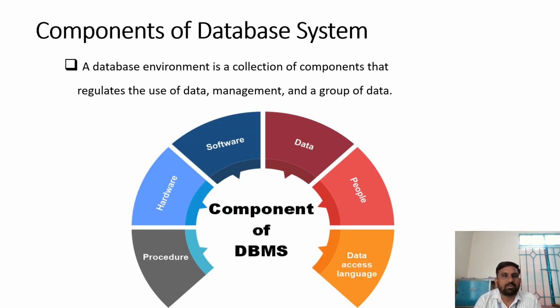Next one, components of a database system. A database environment is a collection of components that regulates the use of data, management, and a group of data. Components of a database contain software, hardware, data, users, data access language, and procedures. These are all the components of a database which is contained in database management system.